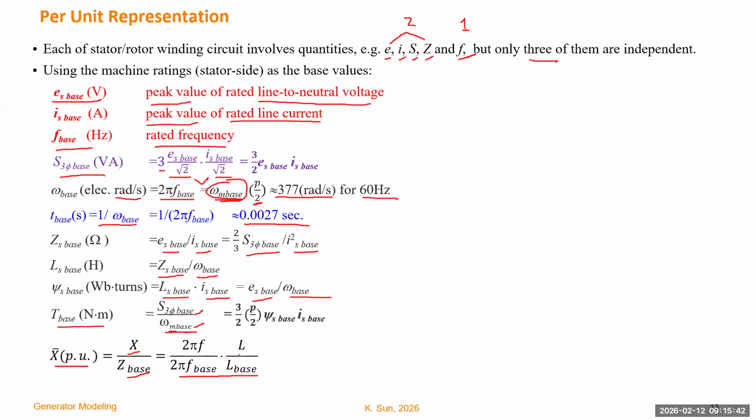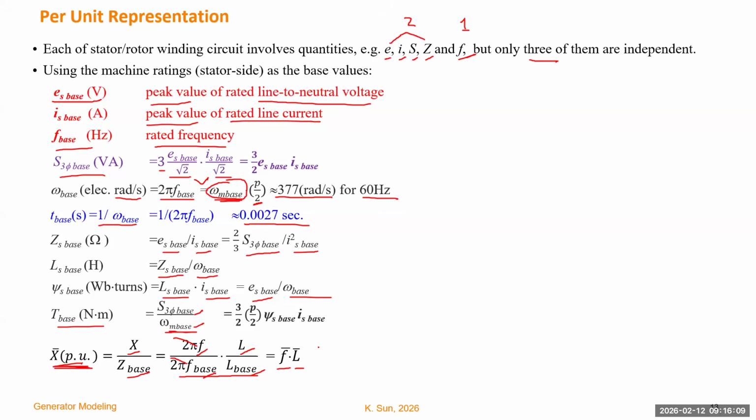That is equivalent to the true inductance divided by the inductance base, and here we have frequency divided by frequency base. So the 2 pi can be cancelled, and this formula becomes the frequency in per unit multiplied by inductance per unit. That will give you the reactance in per unit.